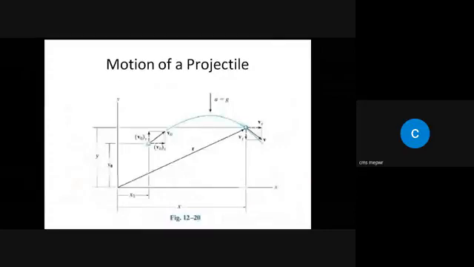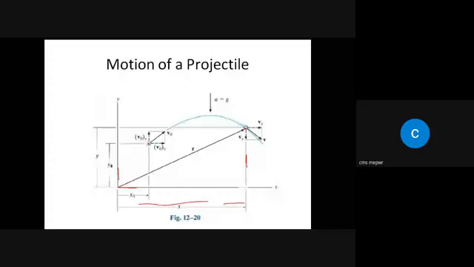Again, the same diagram is represented by this xy plot. This is the initial position, this is the final position, for example. The initial position has x naught, y naught. The final position has y, and this total is x up to this point.